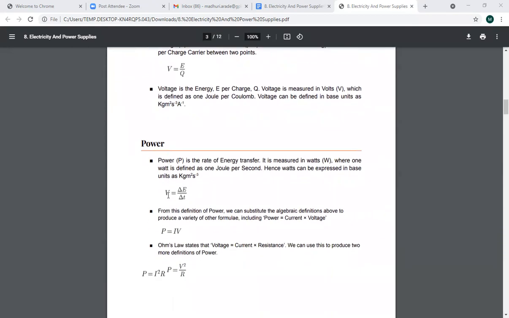The third component is power. Power decides the rate of energy transfer, and it is normally measured in watts.